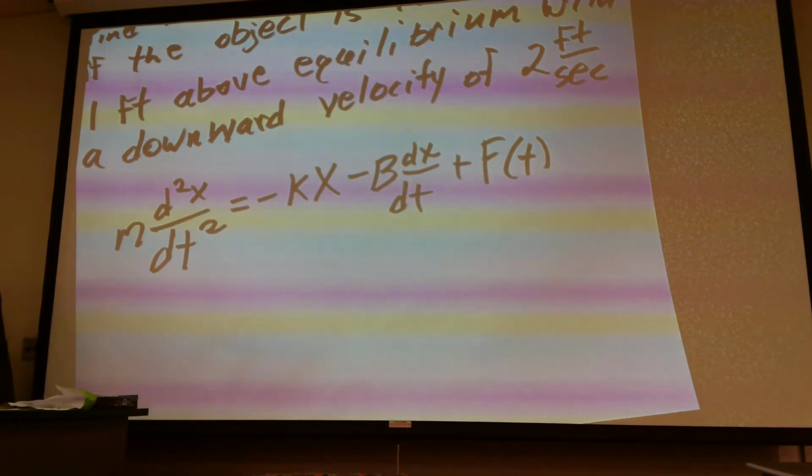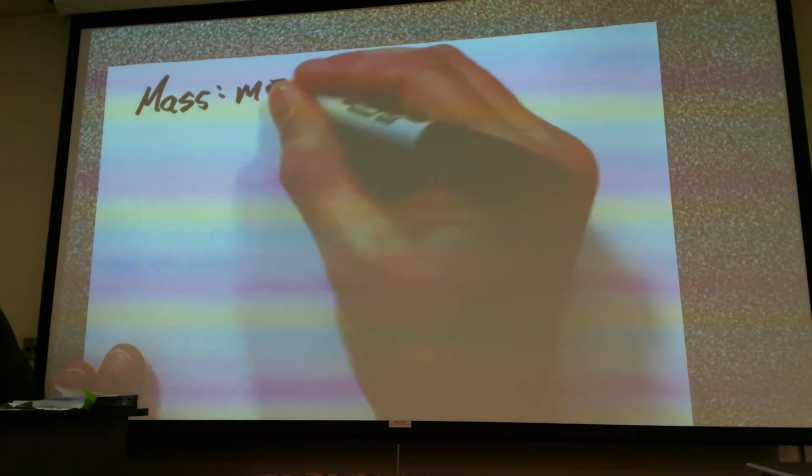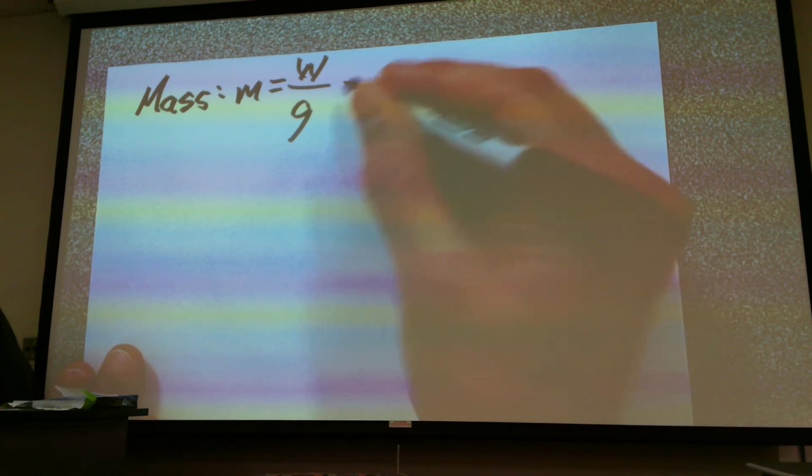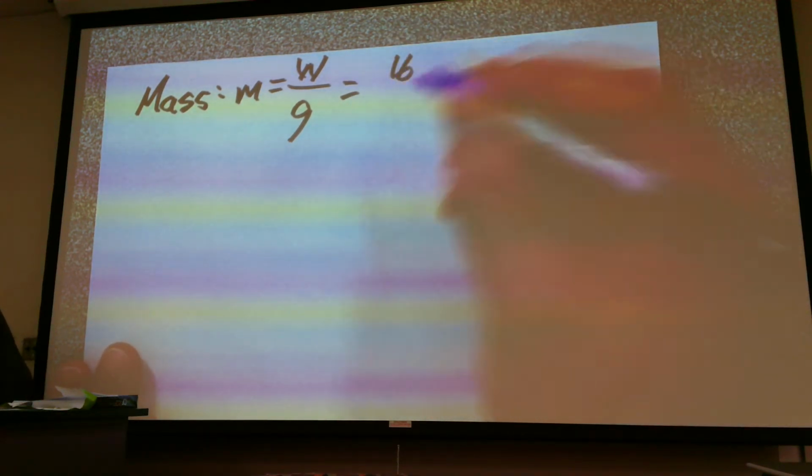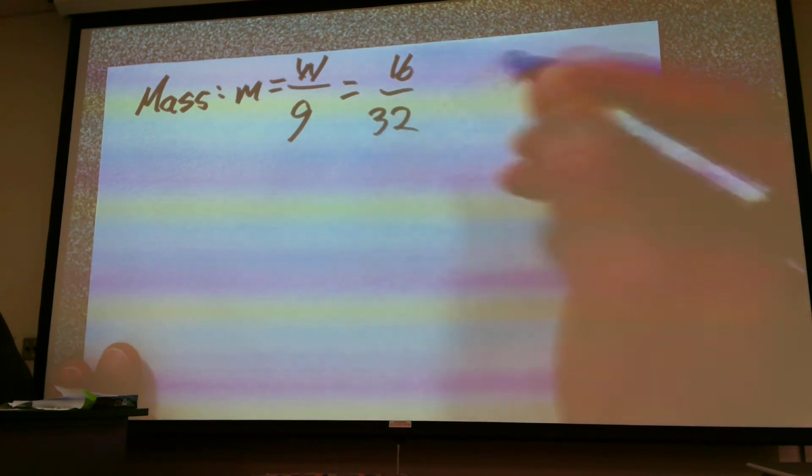M is just the mass. So first we're going to find mass. M is going to be weight divided by gravity, which is going to be 16 pounds, so it'd be 16 divided by 32.